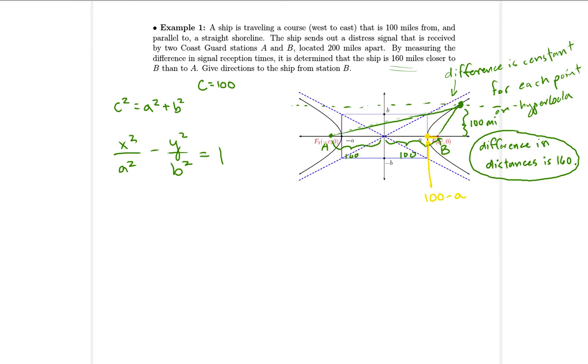Okay, but then we also need to figure out the distance from this point over to this other focus. So let's draw a blue line there. What is that distance? Well, from here to here is 100, and then from there to there is A, so that's 100 plus A. Now this yellow point is another valid point on this hyperbola.